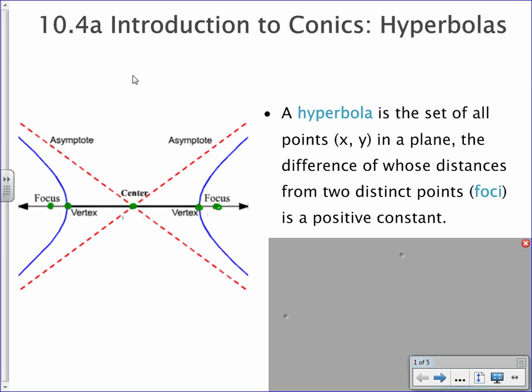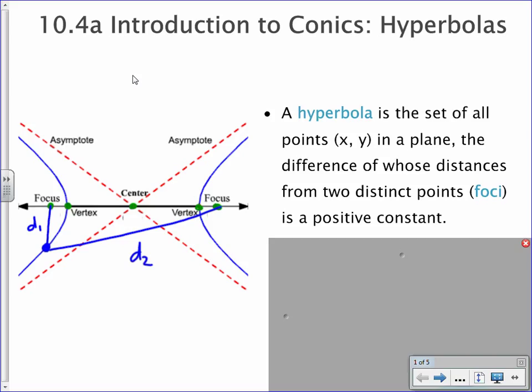Any point that lies on our hyperbola, if we take the distance to each focus, and we take the difference between those distances, it will be the same no matter what point we are talking about.